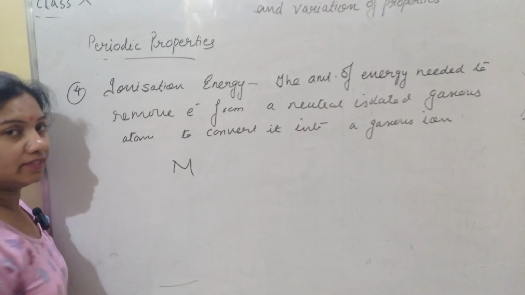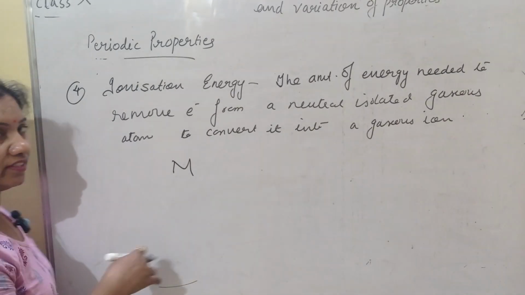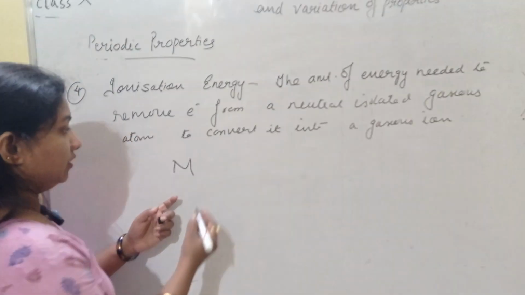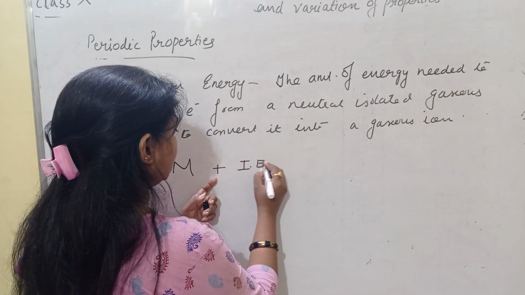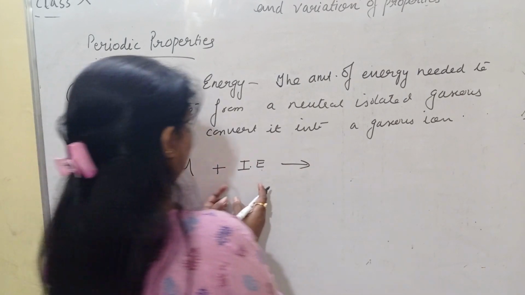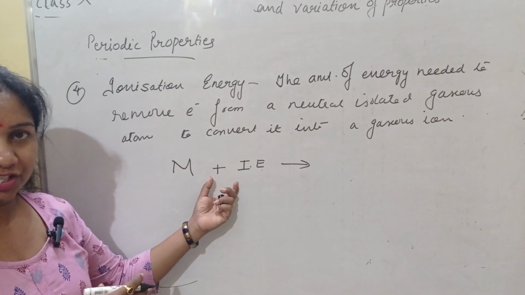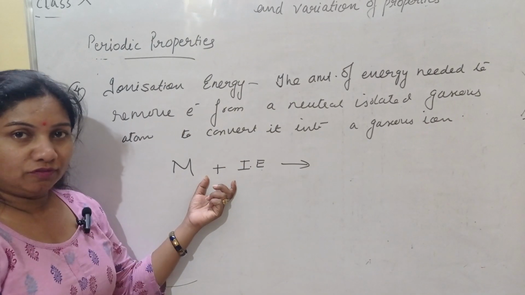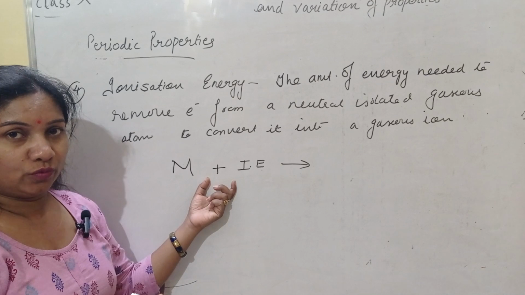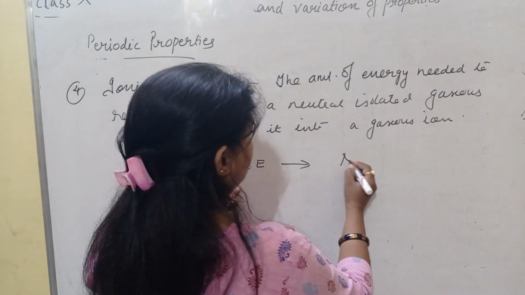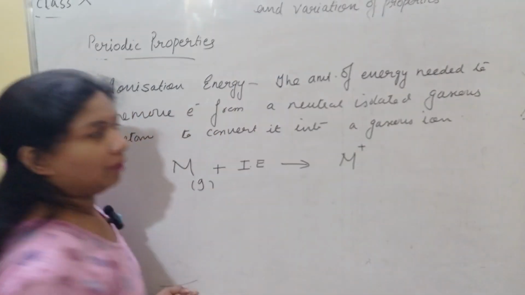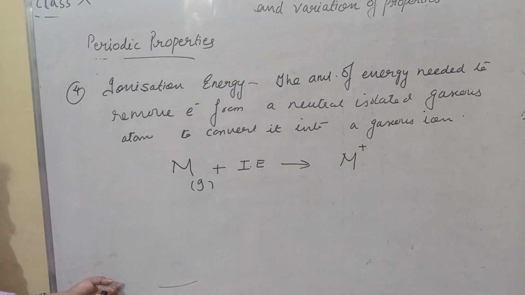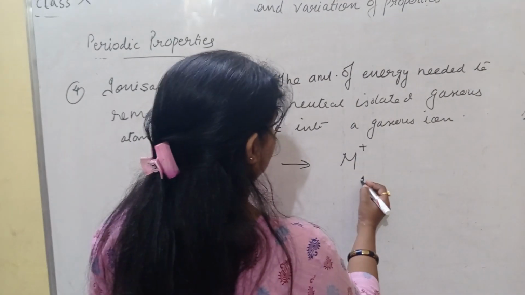Suppose this M is any element, XYZ, anything. Now we are supplying it with ionization energy, and when we apply this ionization energy to it, it loses its valence shell electron and gets converted into a positively charged gaseous ion.